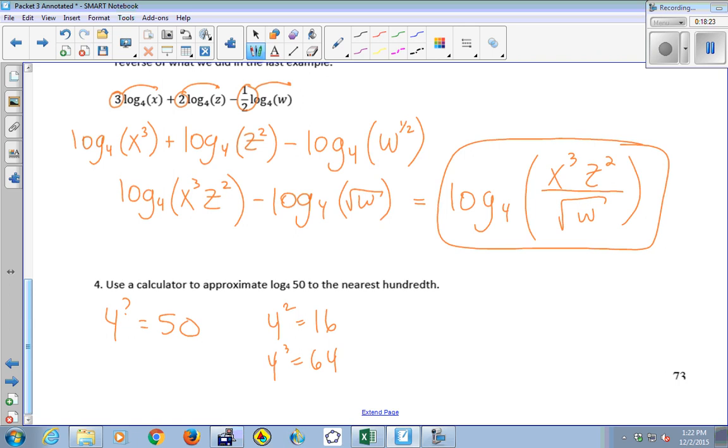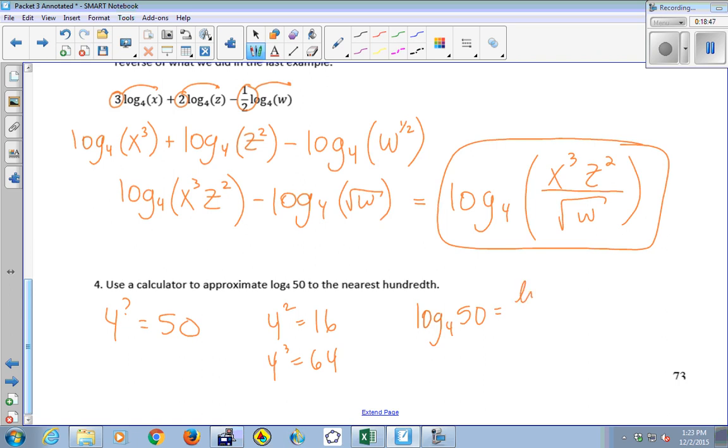But my calculator will give me a really, really accurate answer if I use the change of base formula, right? I can do log base 4 of 50 by using any base I want. And I'm going to use e because e and 10 are buttons on my calculator, and it is faster to write ln than it is to write log. So I'm going to use ln.